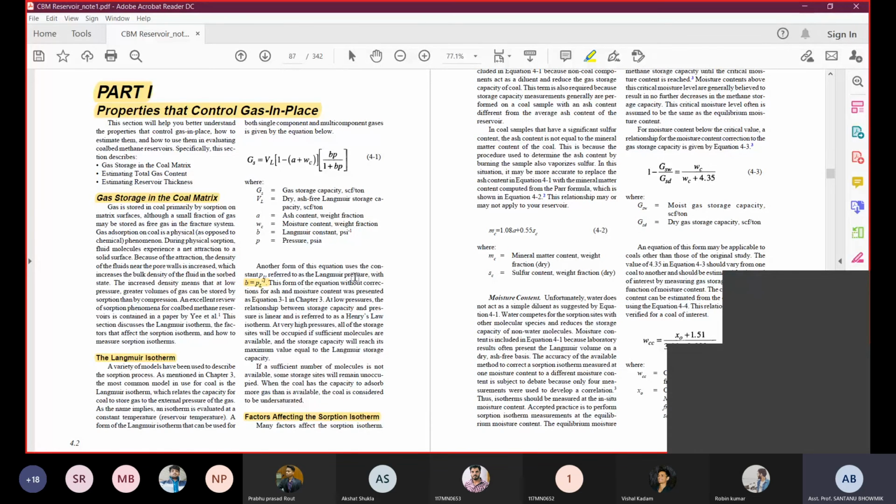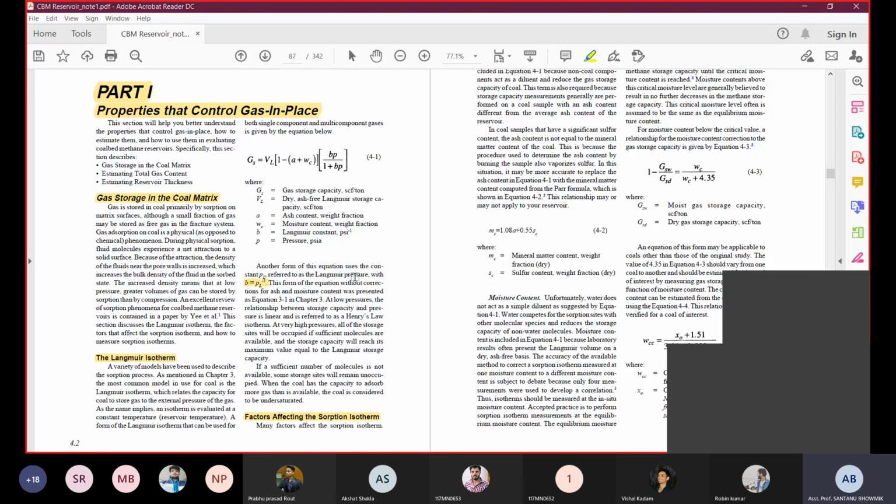When you put this as a graph, you iterate and solve for VL and PL, or b. So from the iteration, you finally get VL and b. The VL will give you the maximum storage capacity of this particular type of coal, and the Langmuir pressure is defined as the pressure corresponding to 50% of the maximum sorption volume. So you will be able to calculate and plot this graph.